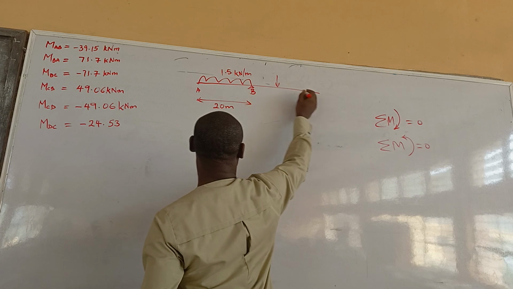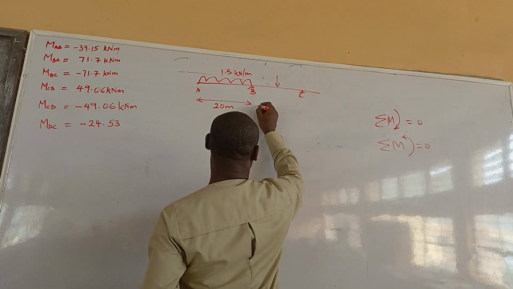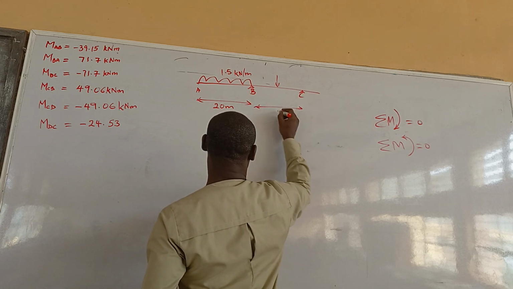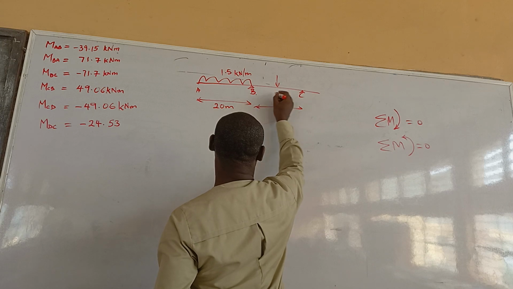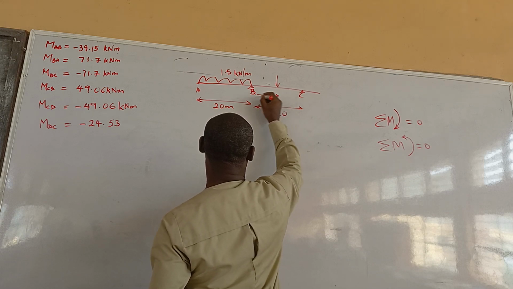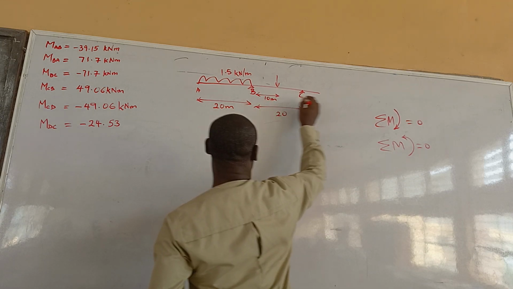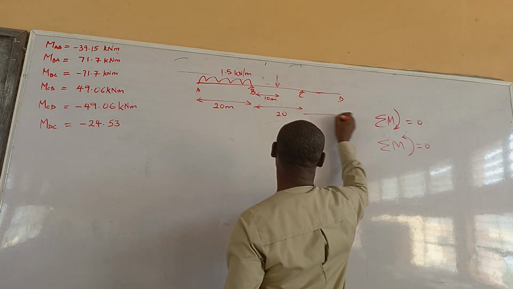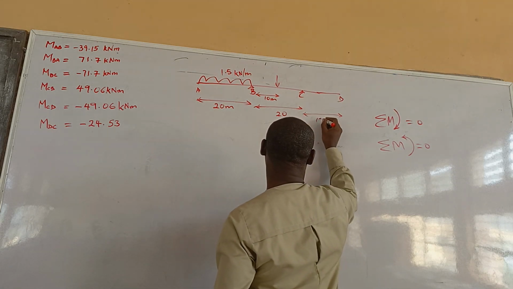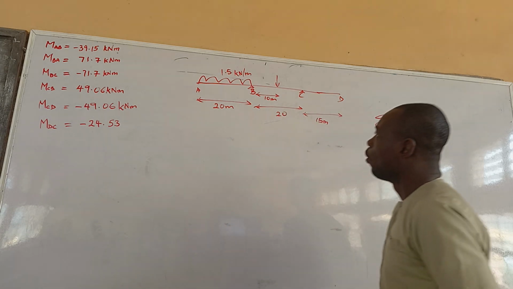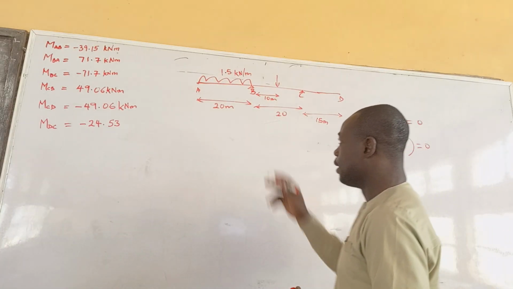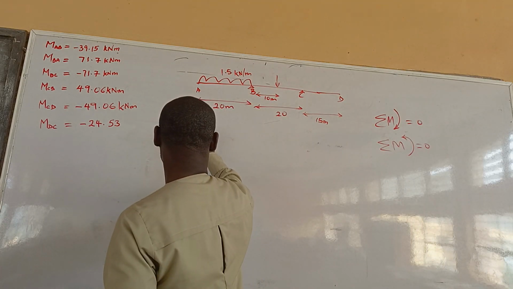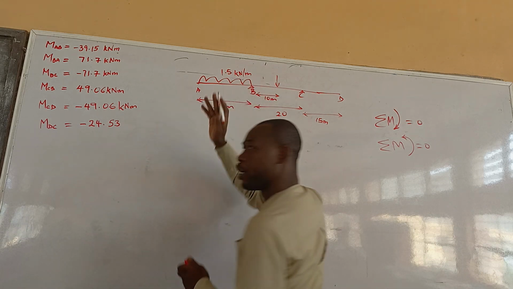Let's say I have another point here, and this distance is what? 20. We have from here to here to be 10, right? And this other one, from C to D, it is not having any load, and the span is what? 15 meters. Very good.